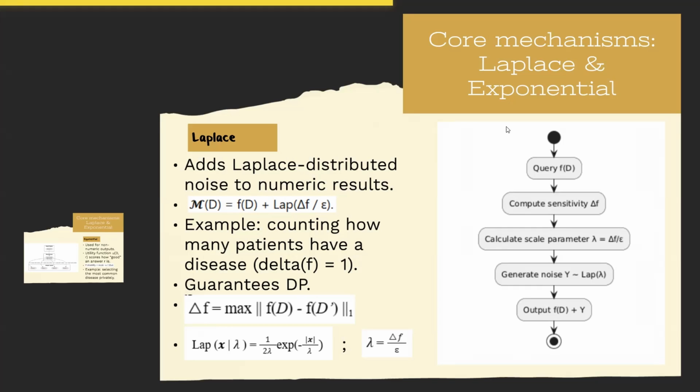The probability density function of the Laplace distribution is given by this formula: Lap of x given lambda equals 1 divided by 2 lambda times exponential of minus absolute x divided by lambda, where lambda equals delta f divided by epsilon.